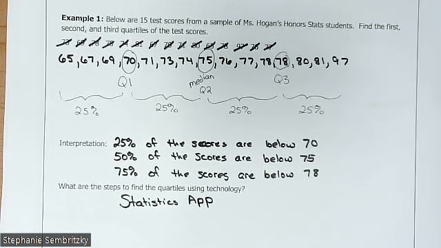First quartile Q1, did we get a 70? Median, 75. Q3, 78. Maximum, 97. It gives me all of those good values.